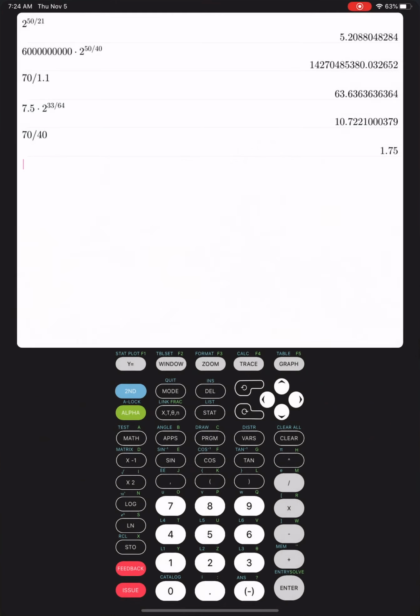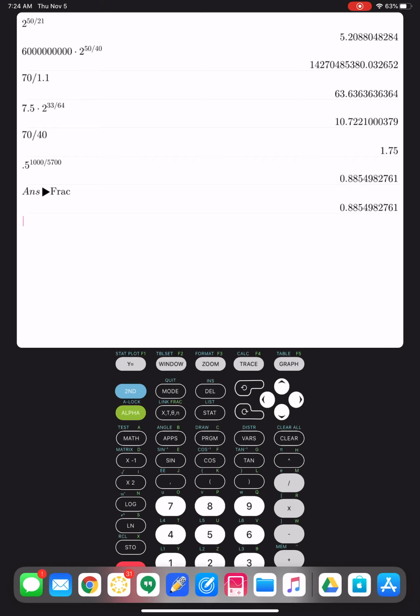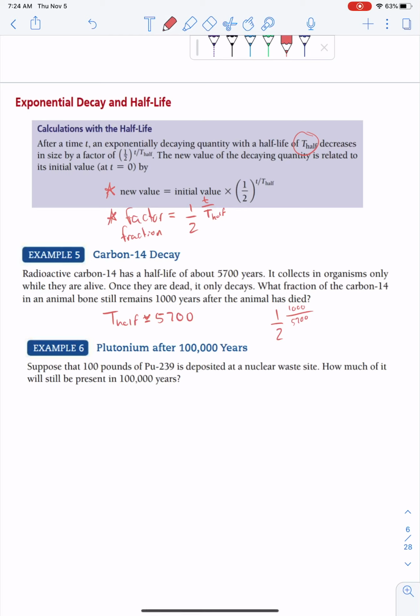I'd go to my calculator and put 0.5 raised to the 1,000 divided by 5,700. If it gives me an ugly decimal, is it going to let me turn it into something nice? Nope. It's not going to be a very nice fraction, but we can write it as a decimal, 0.885. So the fraction that remains is 0.885. That's my remaining amount of what I started with, okay?